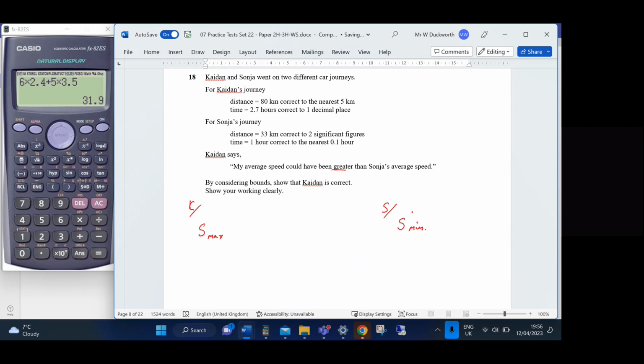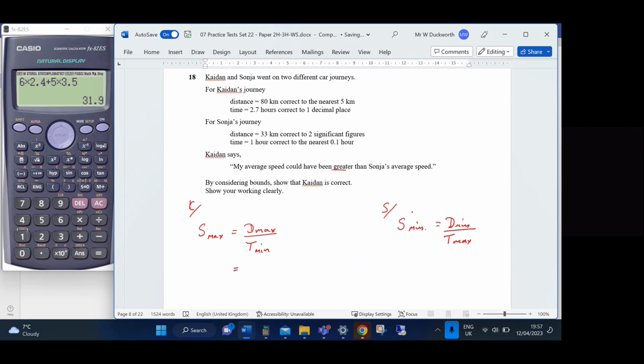So speed is equal to distance divided by time. For the maximum speed, we want the maximum distance divided by the minimum time, T min. And for a minimum speed, we want a minimum distance, D min, divided by T max. Right, so realistically, I don't need to work out all of these.